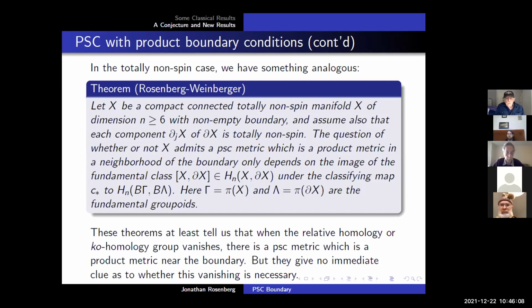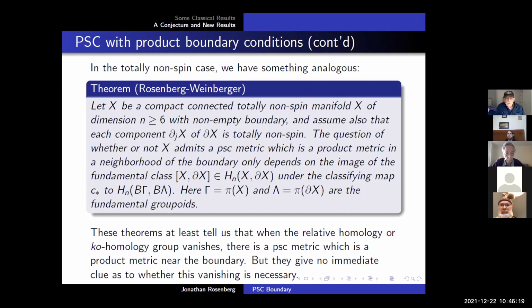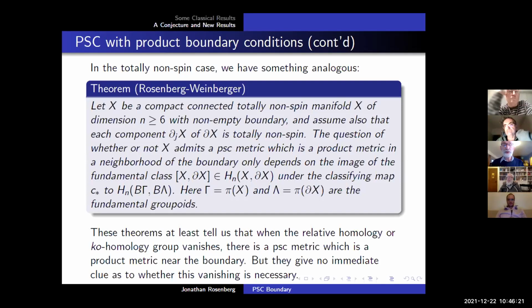And then once you have minimal, by the deformation trick of Baer and Hanke, you can go from minimal to positive mean curvature and back again by their theorem. So there's a whole bunch of conditions, but the upshot is that having product type boundary conditions implies having positive mean curvature boundary conditions, but not vice versa. You can't go in the other direction.